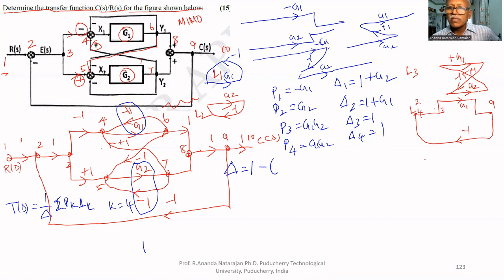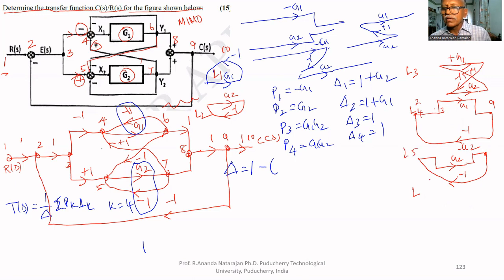L5 is there. L5 comes like this, G2, again from 9 to -1. This is minus G2. One more loop is there. 1, 2, 3, 4, 5 so far.